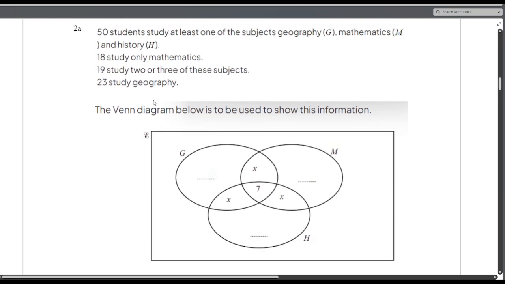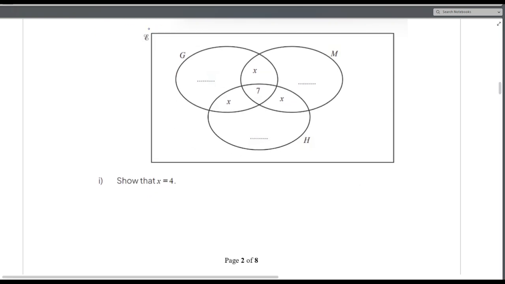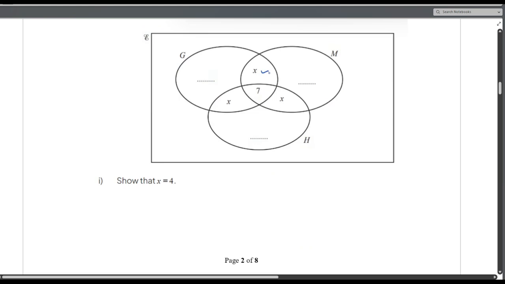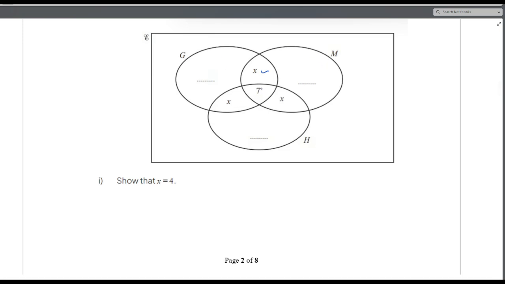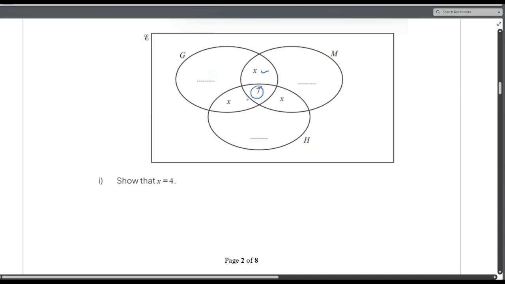Okay, now, 19 students study two or three of these subjects. So when I say two or three, this x represents they are studying geography as well as math. This 7 represents they are studying all three subjects.